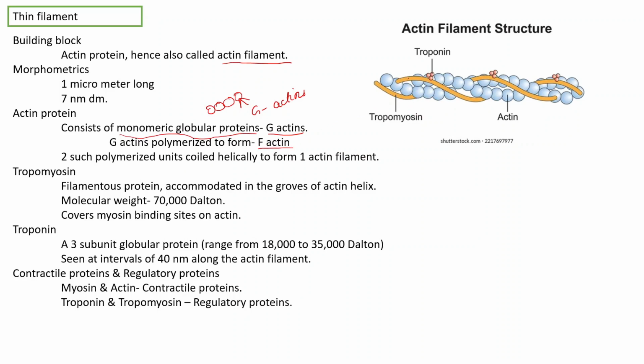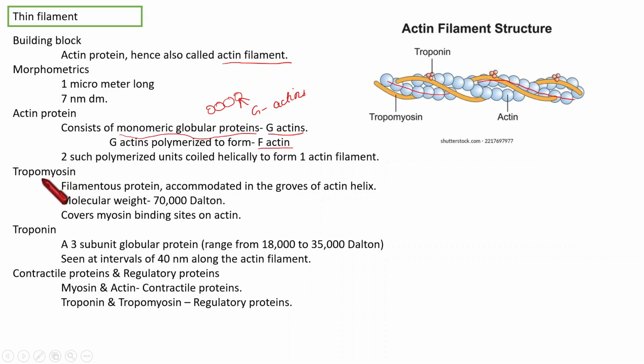We can see that F-actin here. This is one F-actin. It is coiling with another one. So the polymerized G-actin units coil helically around each other to form one whole actin filament. Okay, so the subunits are G-actins. They polymerize to form F-actins, and two F-actins helically coil to form one actin filament.